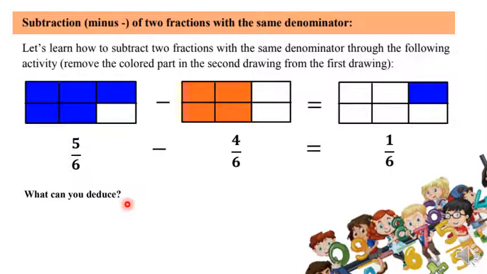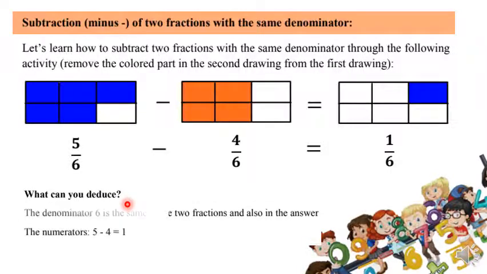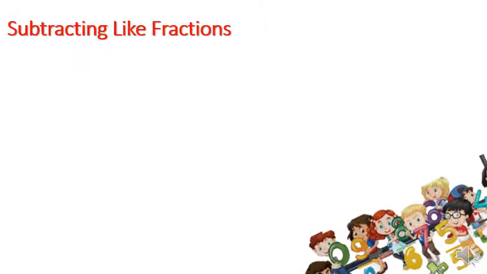What can you conclude? We conclude that the denominator is 6. It remains the same. And what did we do with the numerators? We subtract the numerators. 5 minus 4 will give me 1. So let's repeat.